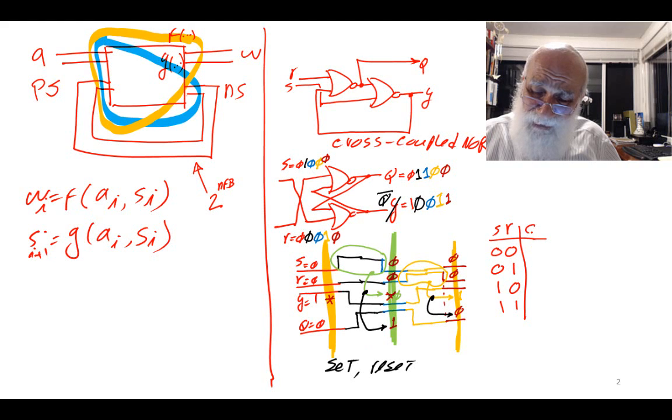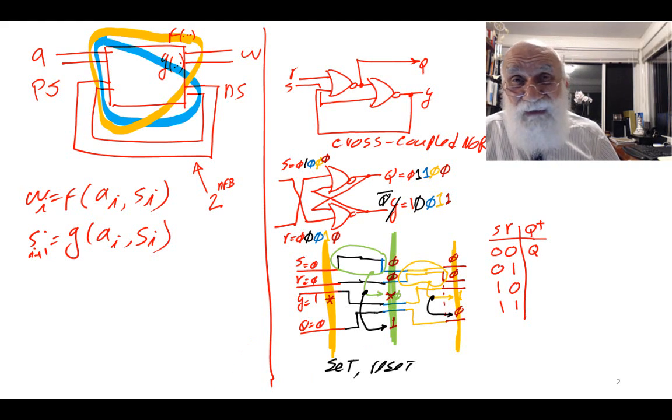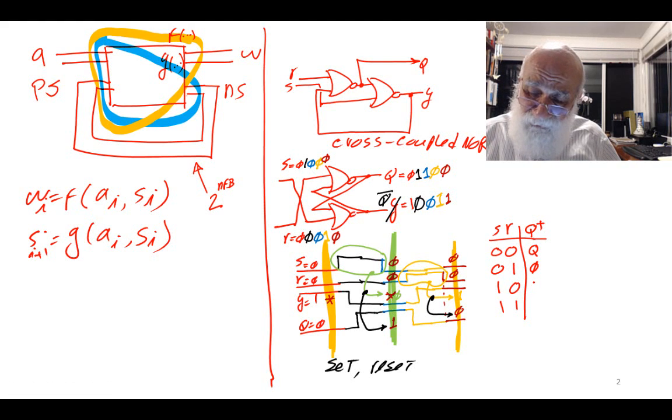I showed that the next output of my circuit, if set and reset are both 0, remains the same, it doesn't change. If my reset becomes 1, the next output becomes 0. If my set becomes 1, the next output becomes 1.